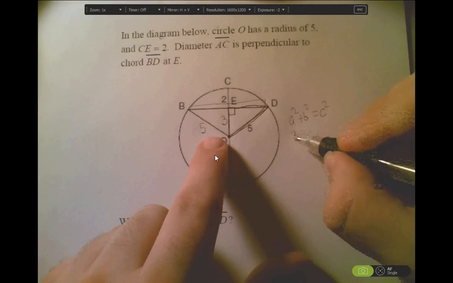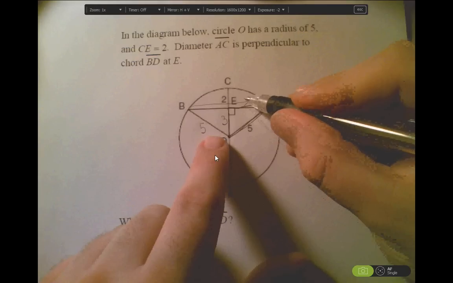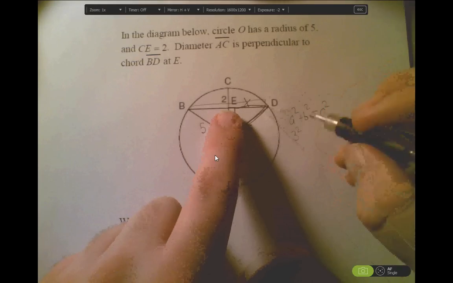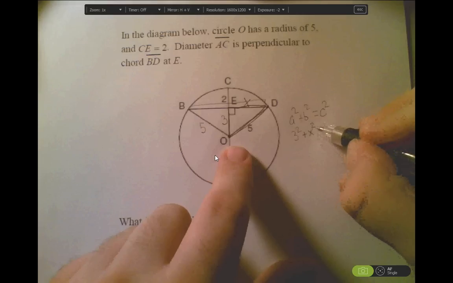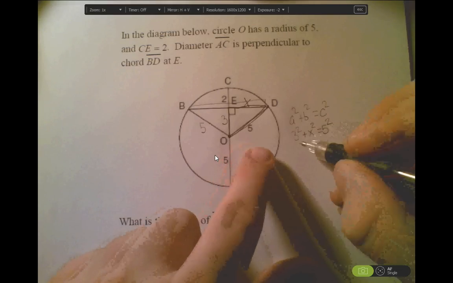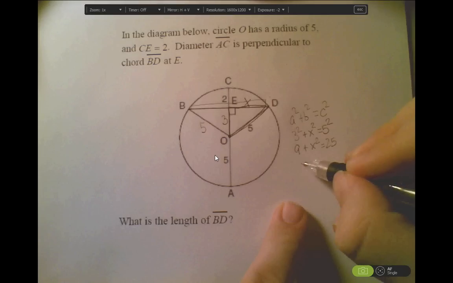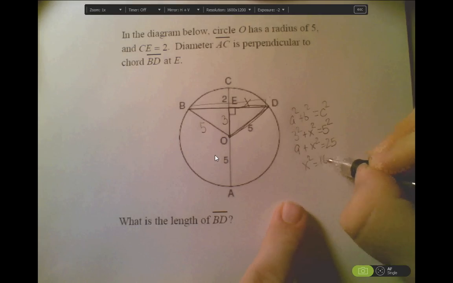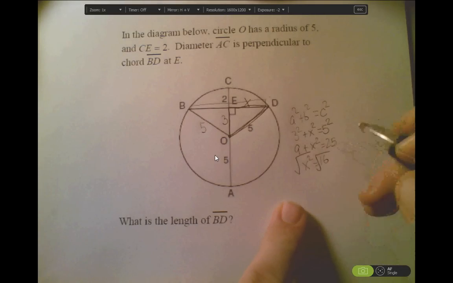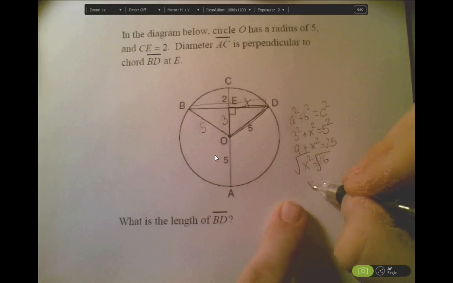So I have 3 squared. I'm now looking for this, so I'm going to put that X there. So ED, and this is 5 squared. So I get 9 plus X squared equals 25. X squared is equal to 16, and I take the square root of both sides. I can get X is equal to 4.